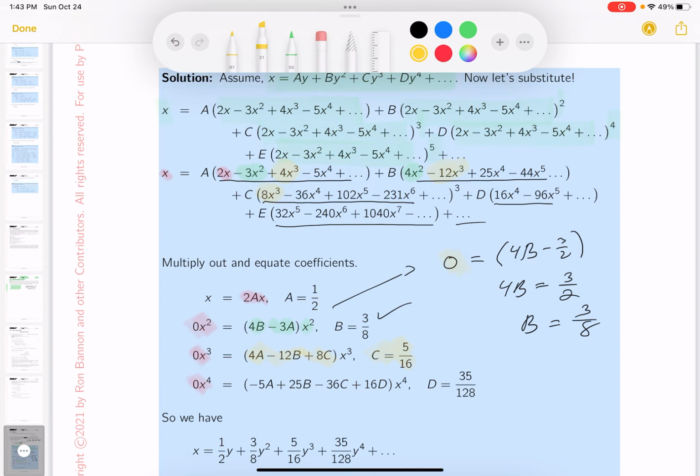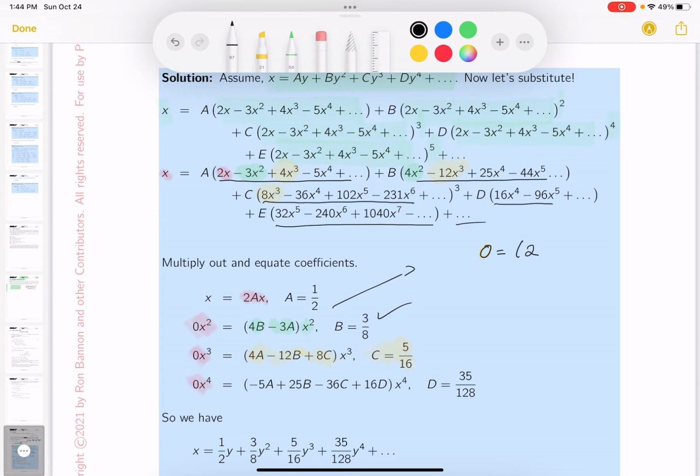I'm going to erase this business over here. Get my pen out. Go back to black ink. So I get 0 equals 4 times a. Well, 4 times a is easy, just 2. Then you get minus 12 times b.